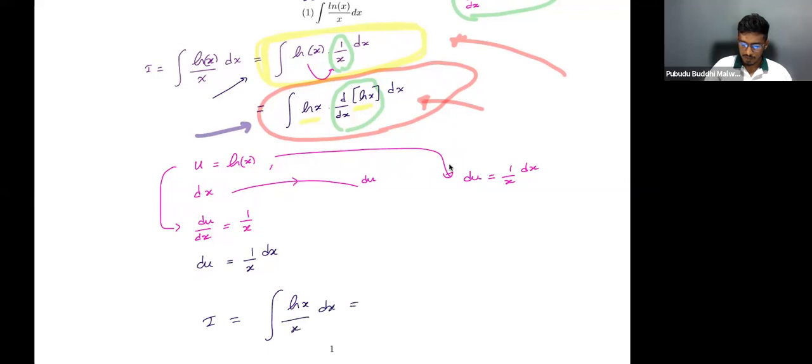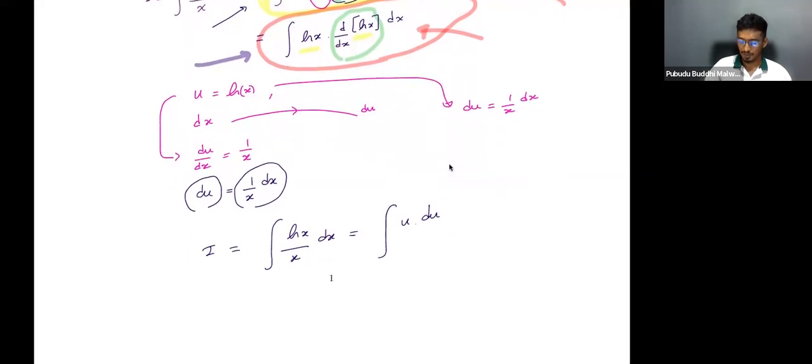That is basically natural log of x is u, and 1 over x dx is du. So u du, you can easily integrate: u to the power of 1 plus 1, u squared over 2 plus c.